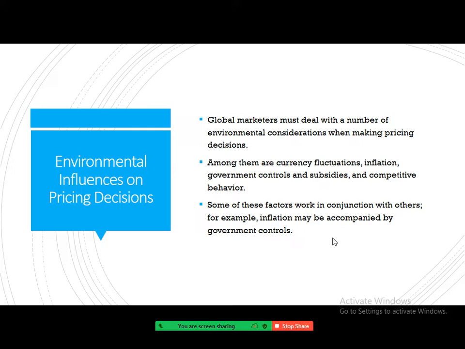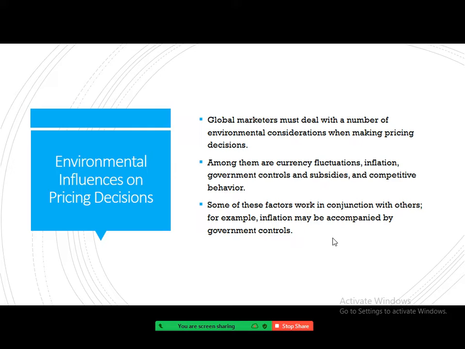Now I will talk about some environmental influences on pricing decisions. There can be currency fluctuations, inflation, government control, subsidies and regulations. We'll see them one by one. First, start with environmental influences on pricing decisions.